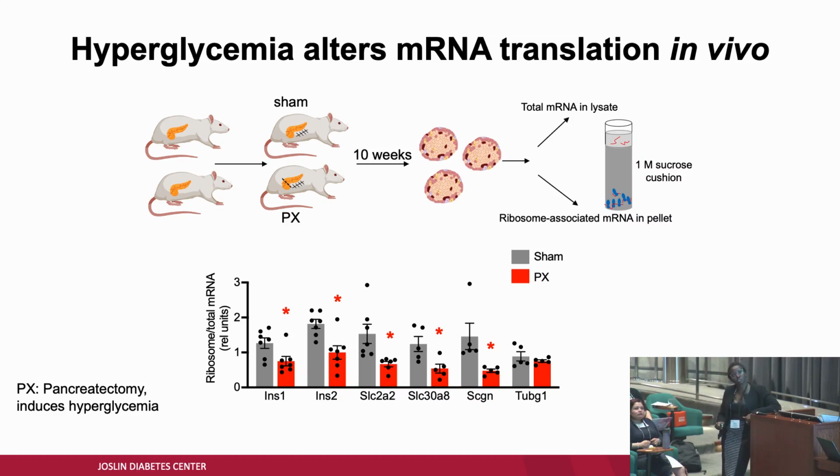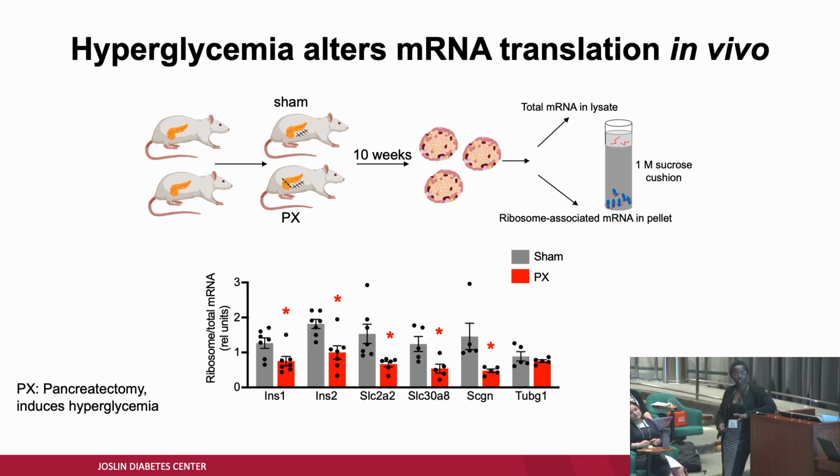Here I was able to do the same validation using ribosome-associated mRNA versus total mRNA. And here I was also limited. After performing the pancreatectomy, given the amount of sample I was able to get, I was able to validate the most abundant genes. So this includes insulin and a few other genes involved in insulin processing and formation of secretory granules.